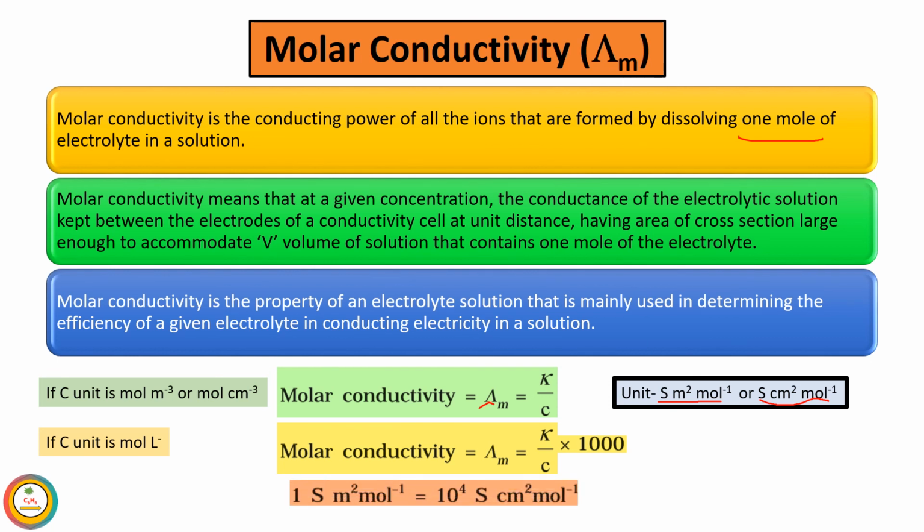So we can derive this relation very easily: 1 Siemens meter square mole inverse equals 10 to the power 4 Siemens centimeter square mole inverse. We use this relationship for solving our numerical problems. So these units are very helpful whenever we deal with numericals that are based on this concept of molar conductivity, conductance and resistivity, resistance.